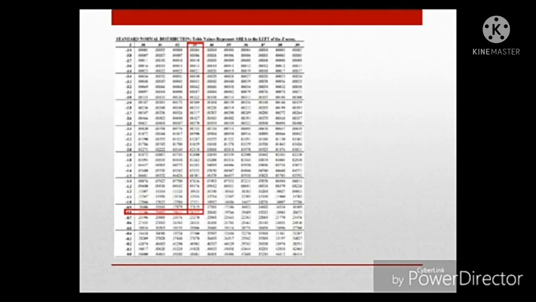Next is to locate the z in the table. And since the computed z is negative 0.83, we will be using a negative table for negative z-scores. But before that, we need to split it into negative 0.8 and negative 0.03. Then locate it on the table.